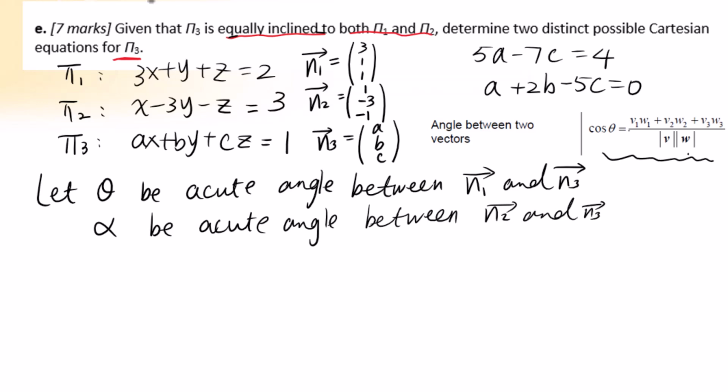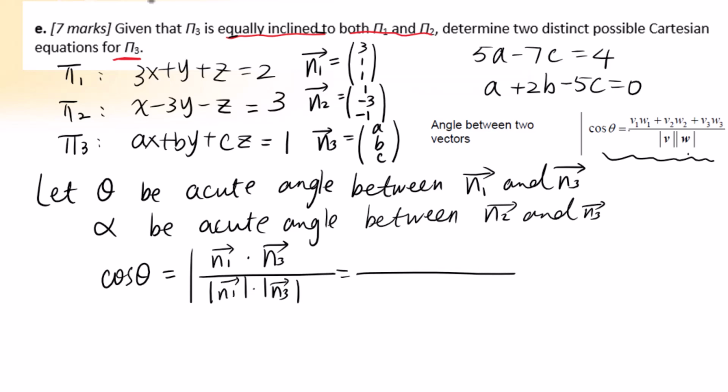According to this formula, we do know cosine theta equals absolute value n1 dot n3, over the length of n1 times the length of n3.